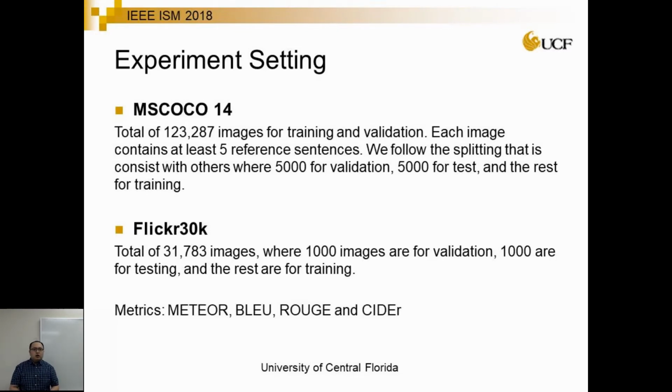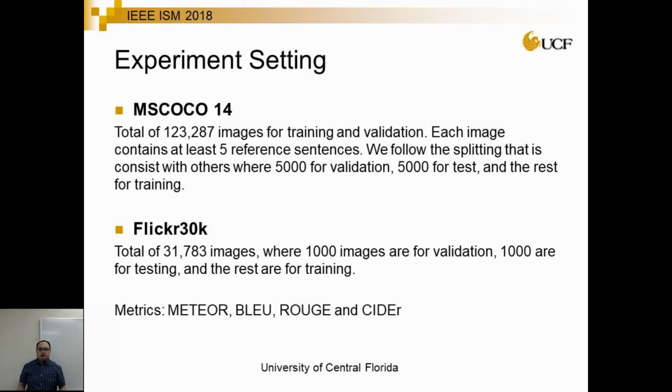And we evaluate the model on two popular datasets. The MS COCO contains about 112,000 images, and for each image they labeled 5 sentences, and we follow the splitting in other works where they sampled 5,000 samples for validation and 5,000 for test.